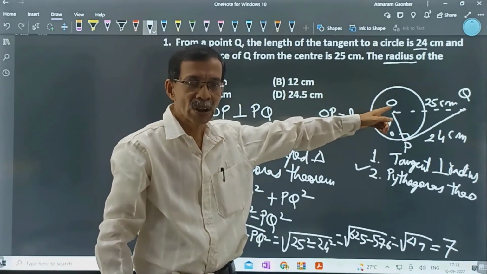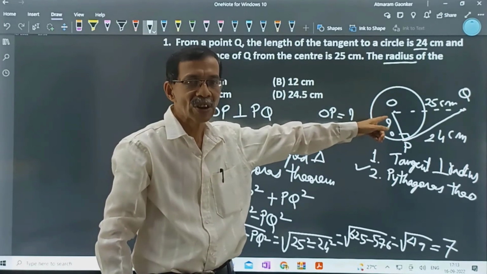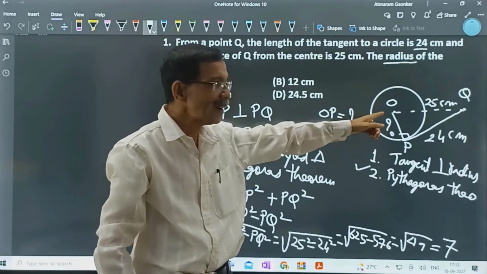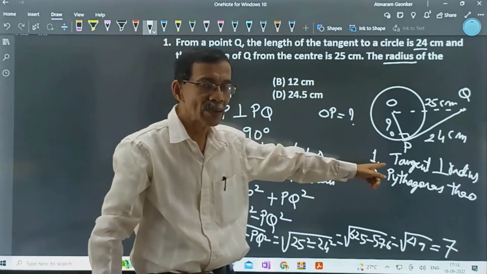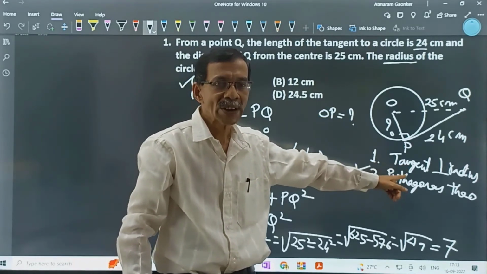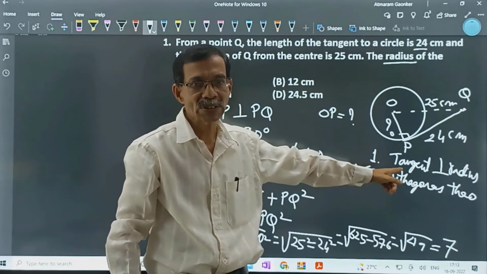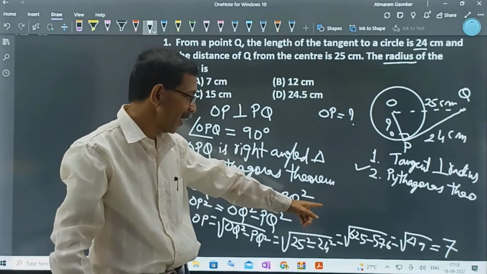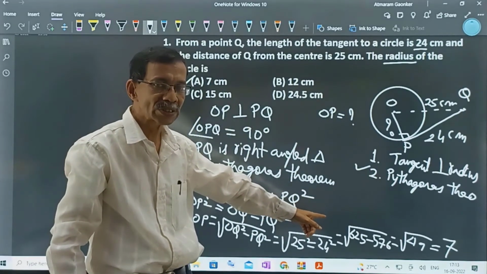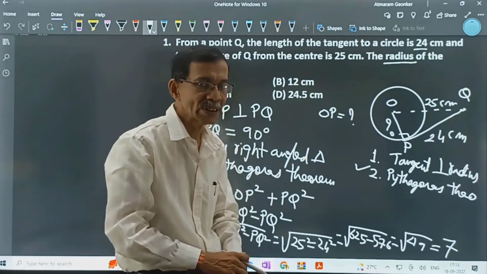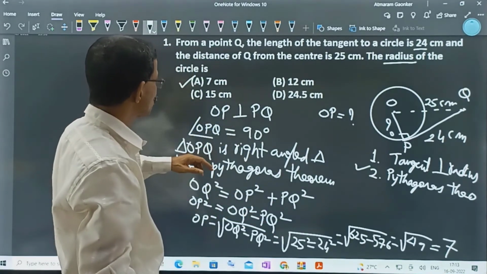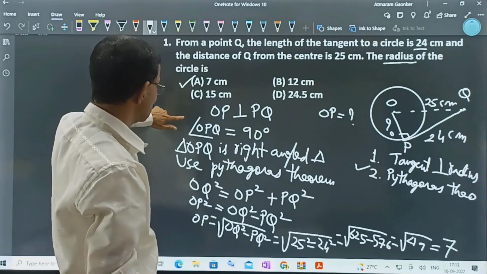Second, we marked whatever quantity is given in the diagram and noted whatever is asked. In the third step, we noted down the concepts required to solve this problem, and in the fourth step, we actually solved this problem. In a similar fashion, let me go ahead and solve the second question.